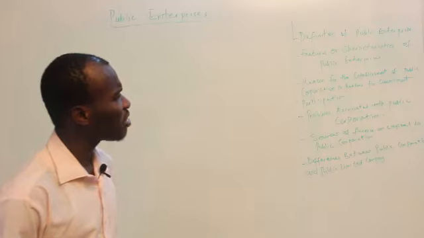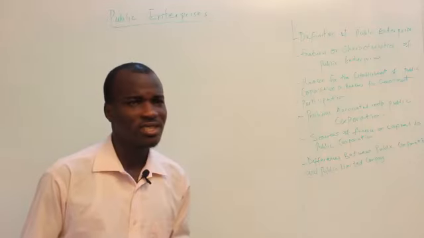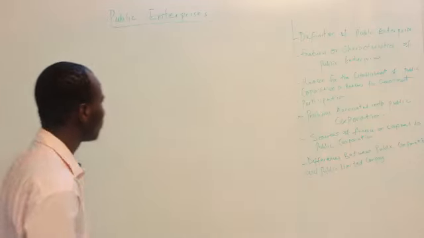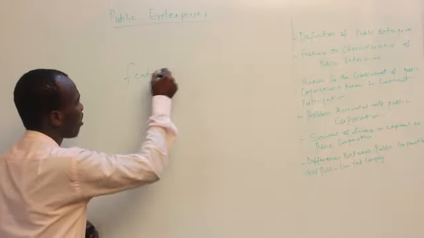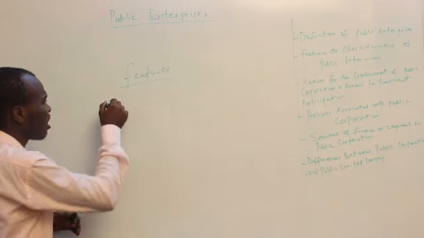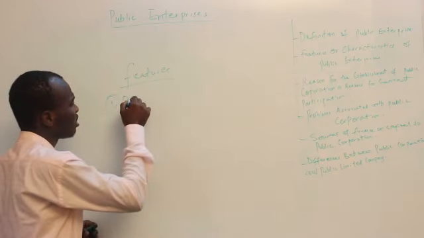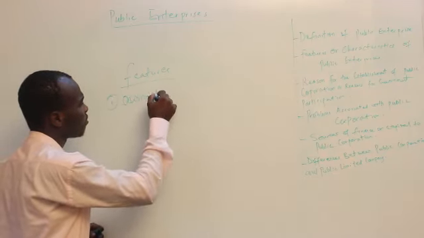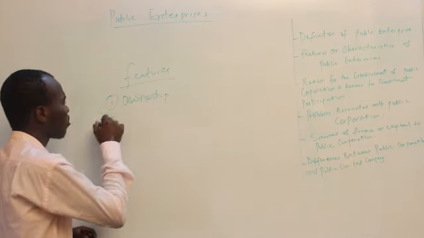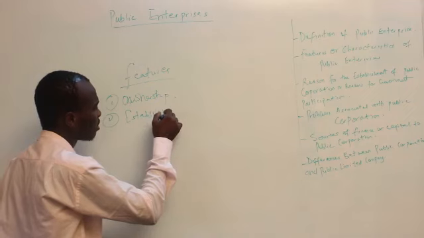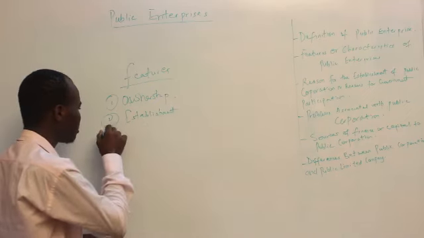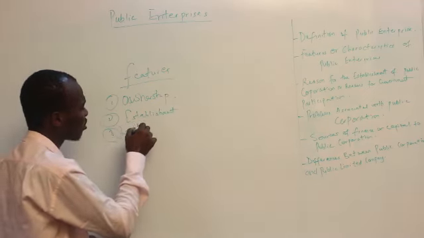Now the next thing we have is the features or characteristics of public corporation. We are going to look at the features in these areas. We're going to look at the form of ownership, and how it is established. We're going to look at whether it is a legal entity, just like we treated in company.